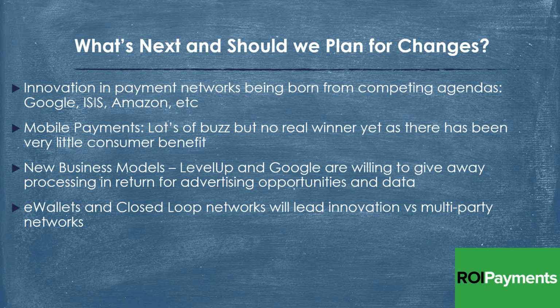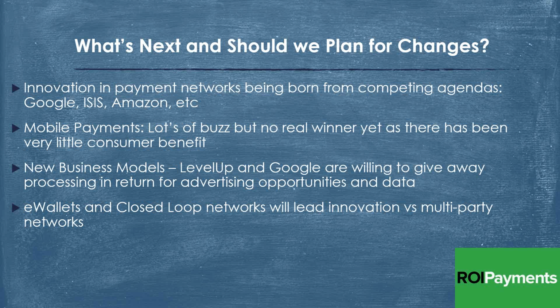You see Google here. Google's agenda is to aggregate data. Amazon's goal is to provide their own e-wallet and to be the number one e-commerce provider in the world. So new business models are coming up. I don't know if anybody on the phone has heard of Level Up. Level Up is a relatively innovative organization, also looking at aggregating data to provide that data to larger merchants.